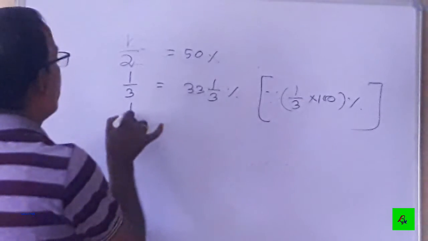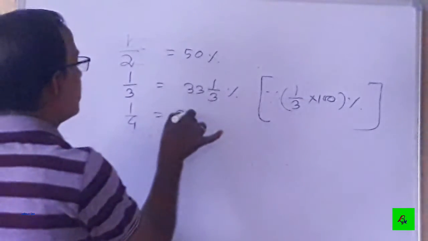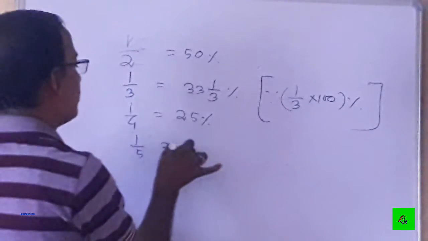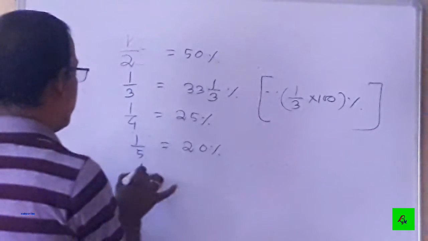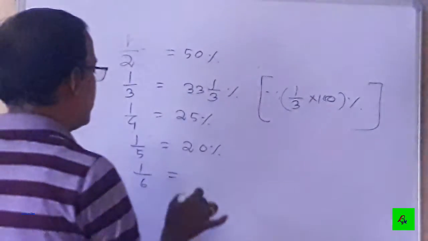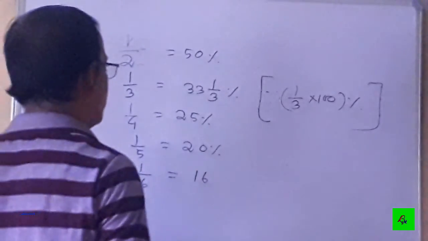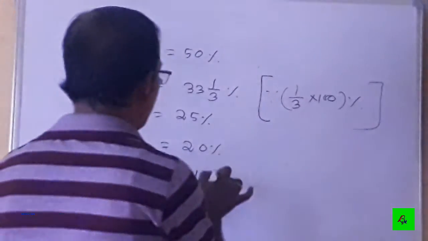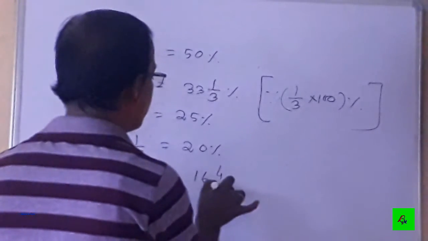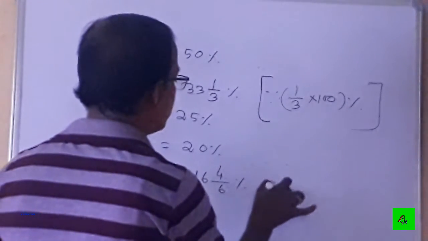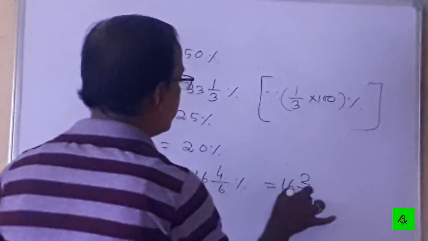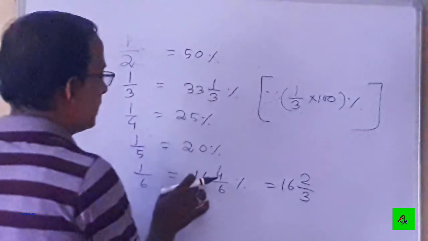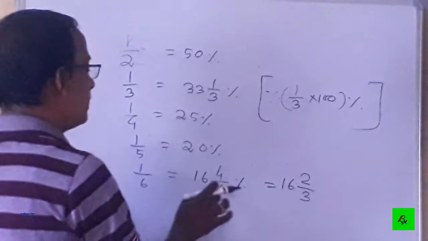Similarly, 1 by 4 equals 25%, 1 by 5 equals 20%, 1 by 6 equals 16 whole 4 by 6 percentage, that's equal to 16 whole 2 by 3 percentage, because 16 into 6 is 96 plus 4, over 6.